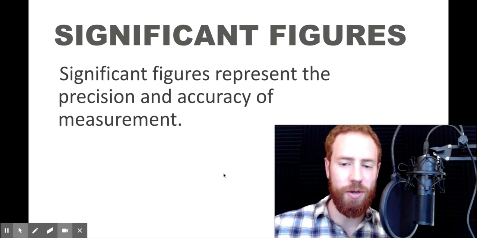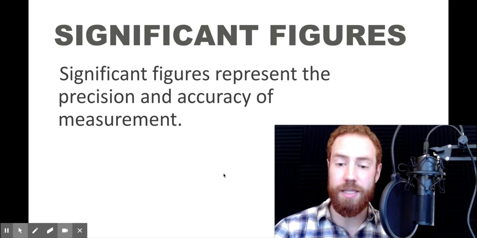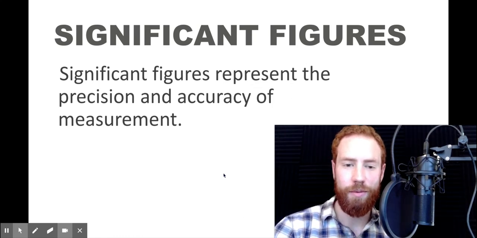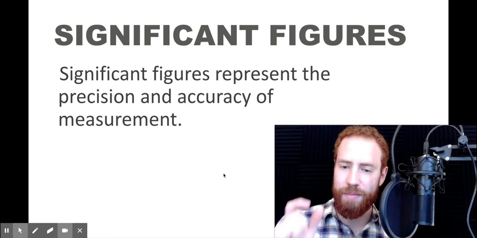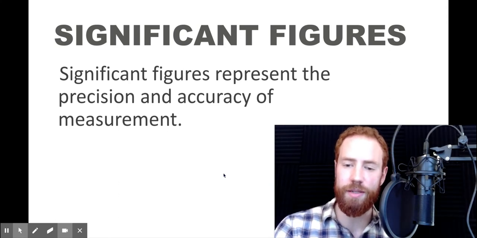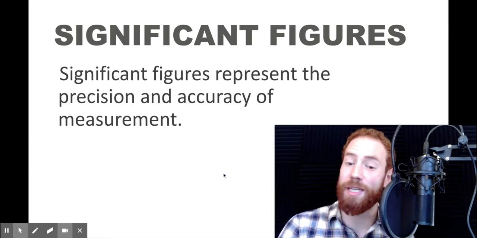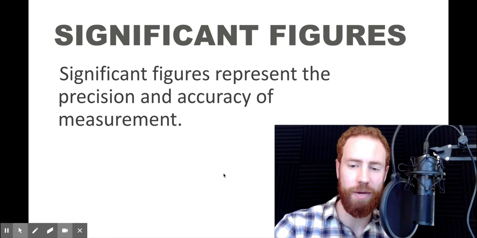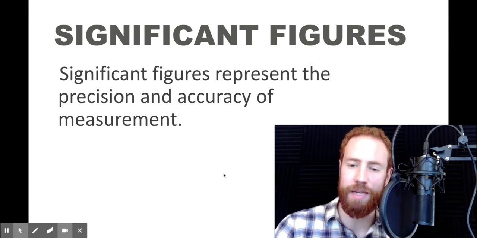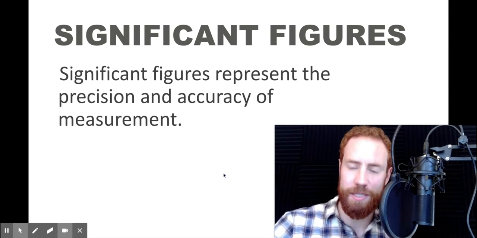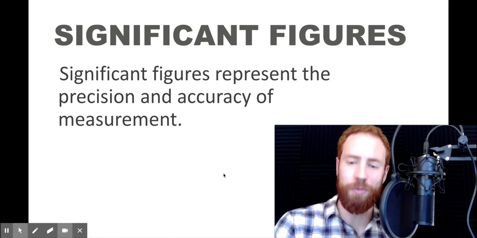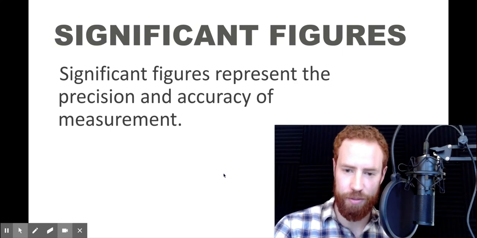So that obviously has a much higher rating in terms of precision and accuracy. And so, therefore, that measurement, 21.12 centimeters, has a lot more significant figures. It has four significant figures to represent that it has a lot more accuracy and precision. That's how significant figures is based in something real. It's based in accuracy and precision.